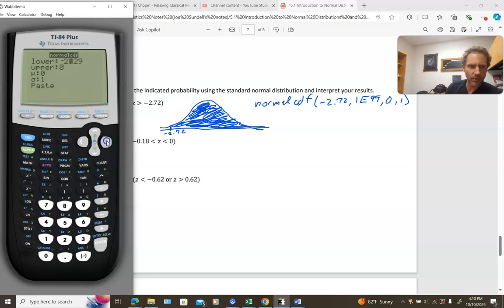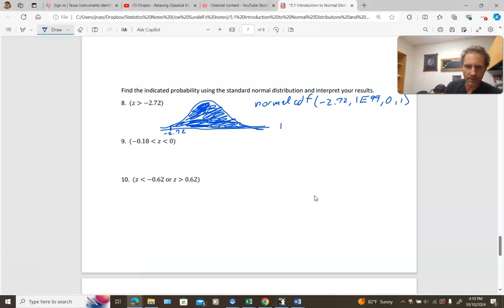Okay, -2.72. And then the upper bound is 1e99. Yeah, look at this. We get a number. It's really close to 1, isn't it?